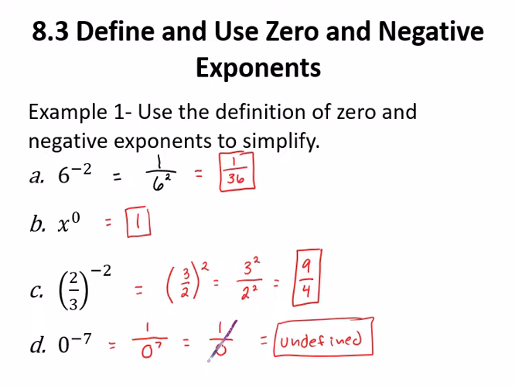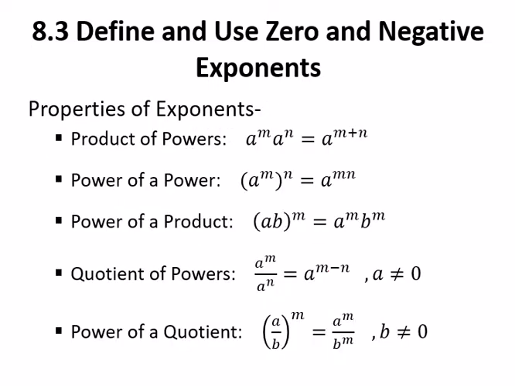So let's go ahead and look at all the properties that we've gone over in the past couple of days. Properties of exponents: you've got the product of powers, where you're multiplying and the bases are the same, so you're going to end up adding the exponents. And then you've got power of a power, so you have some number or variable raised to a power, and then that's raised to a power again, where you multiply the exponents.